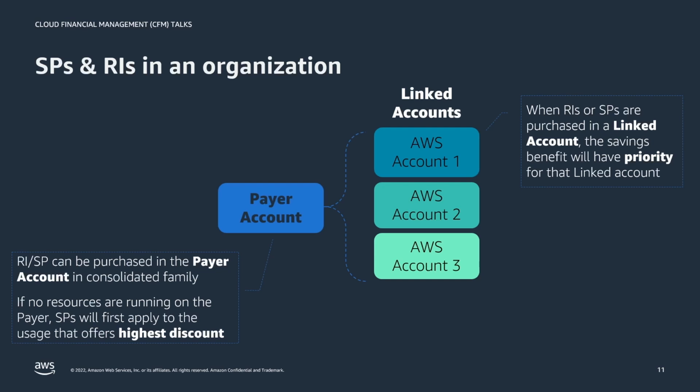Why this is important specifically for savings plans is because of that highest discount first logic. So if you have no workload in your payer account and you purchase it in there, it is going to look across your entire organization and find that highest discount first, apply there, and then continue through those rungs until it is either exhausted or there's no more usage to cover.